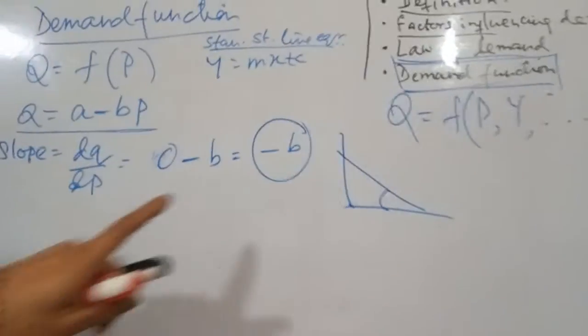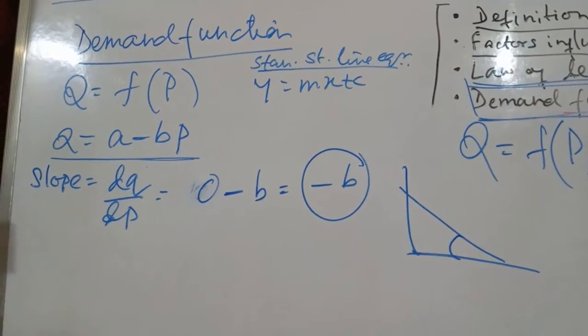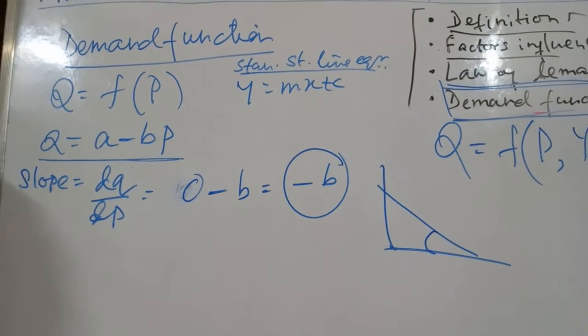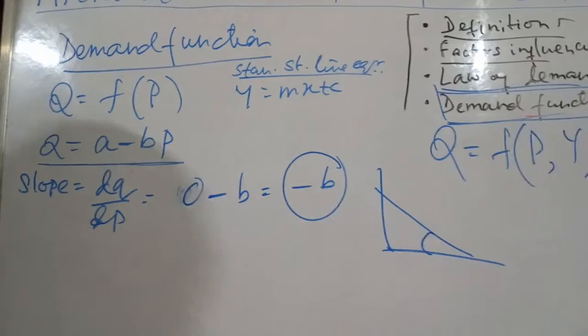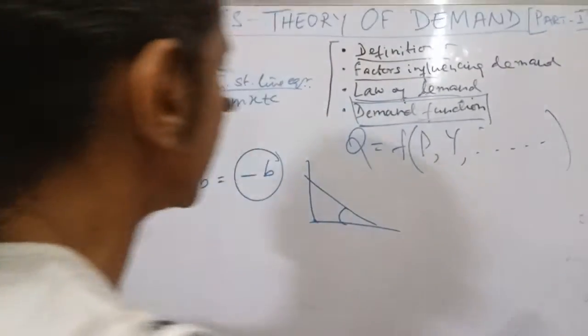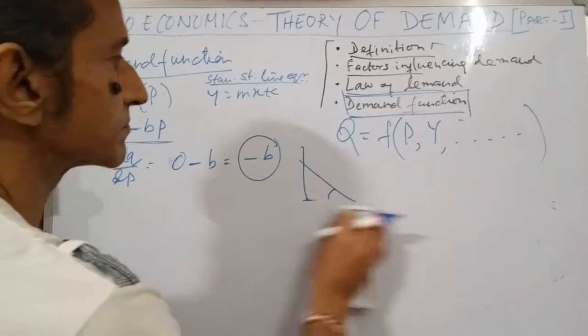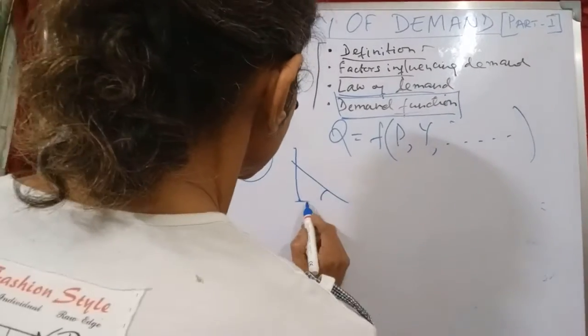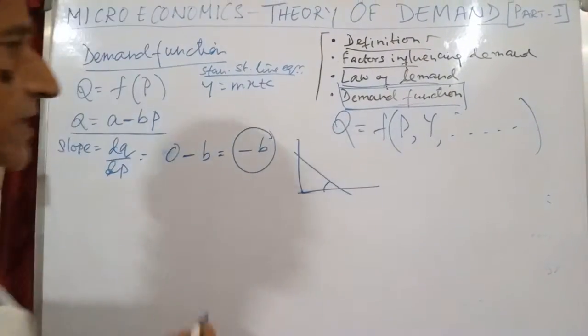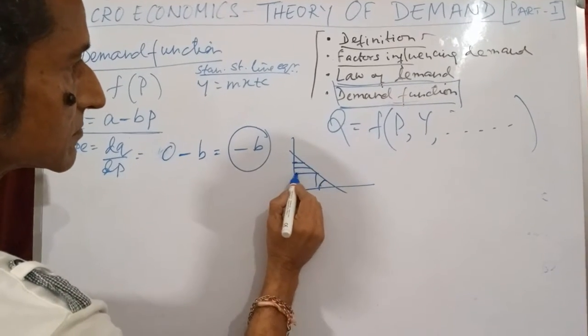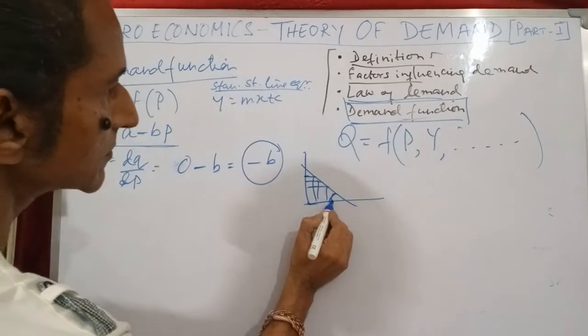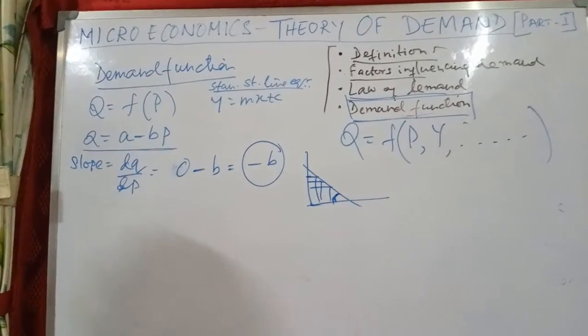This is free of P, there is no P attached to it. This means whatever be the price, the slope of the demand curve remains the same. The slope remains the same, whatever be the price. This angle remains the same.